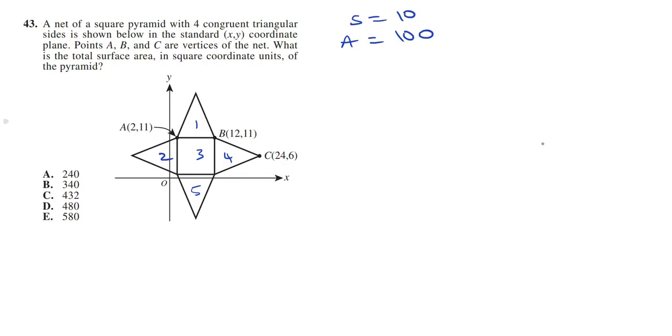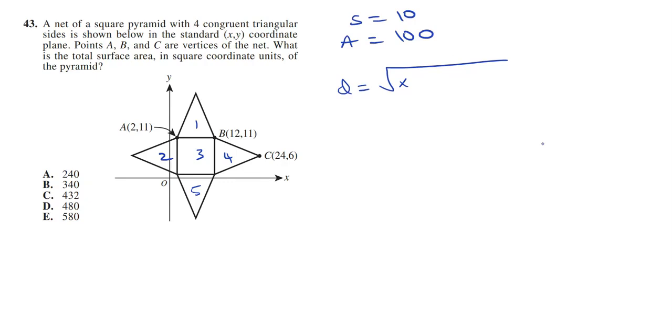So the next thing we're going to do here is find the length here. So let's go ahead and use the distance formula. The distance formula states that between 2 points, the distance between those 2 points is the square root of x2 minus x1 squared plus y2 minus y1 squared. That's your distance.